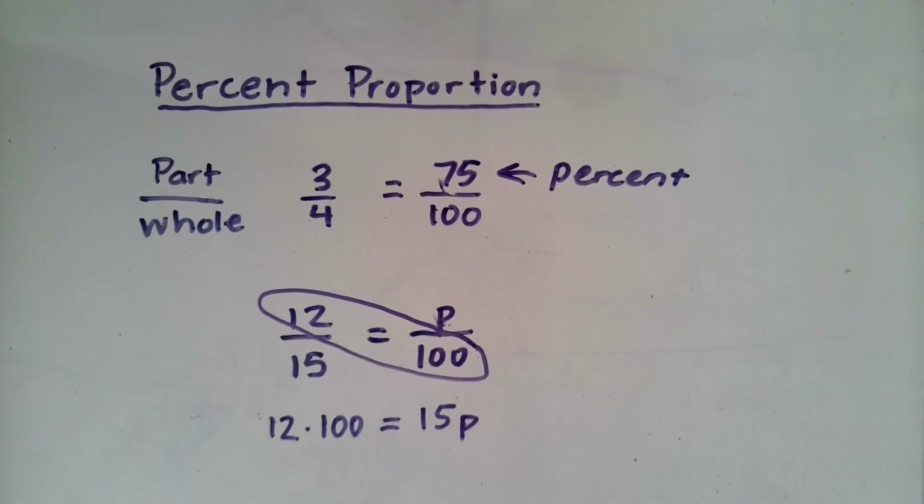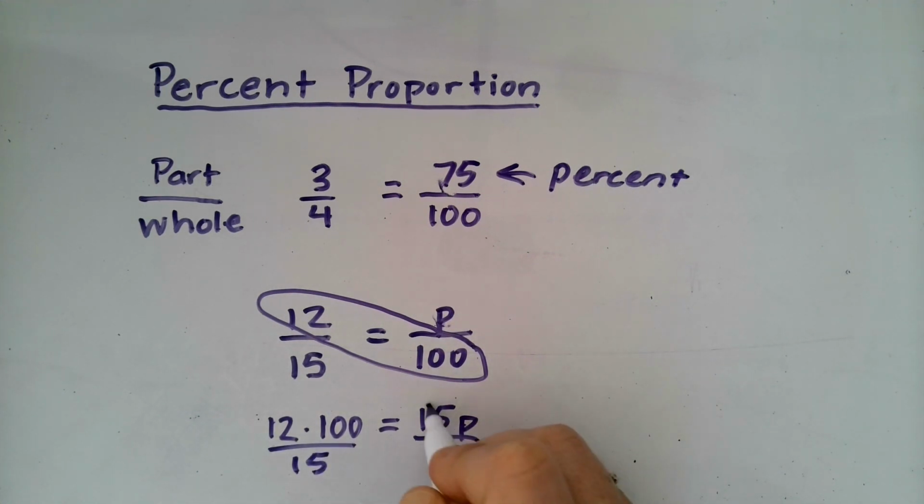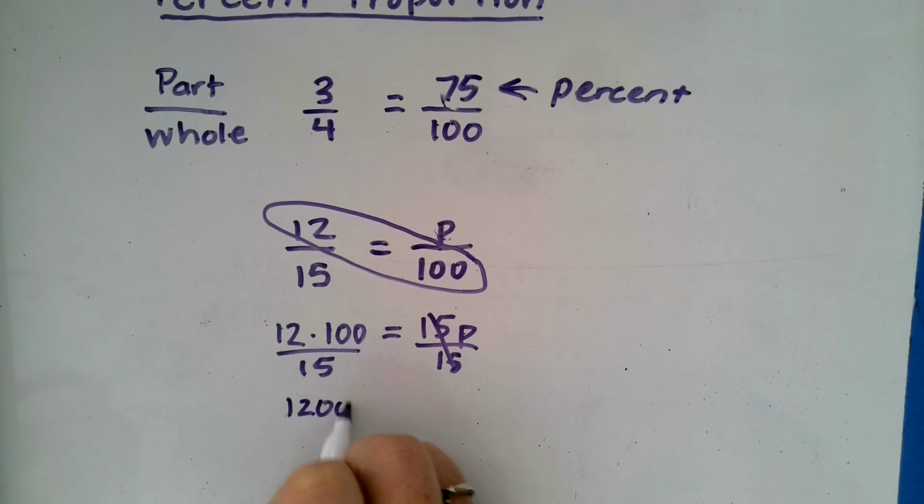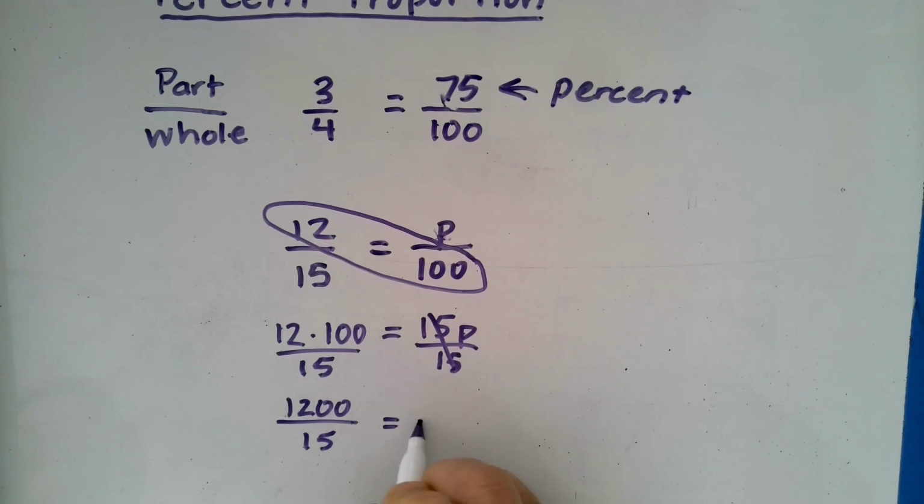And then in order to solve this, we are going to divide both sides by 15, and that will give us just our percentage, right? So here we go. We would have 1200, because 12 times 100 is that, divided by 15 equals p.